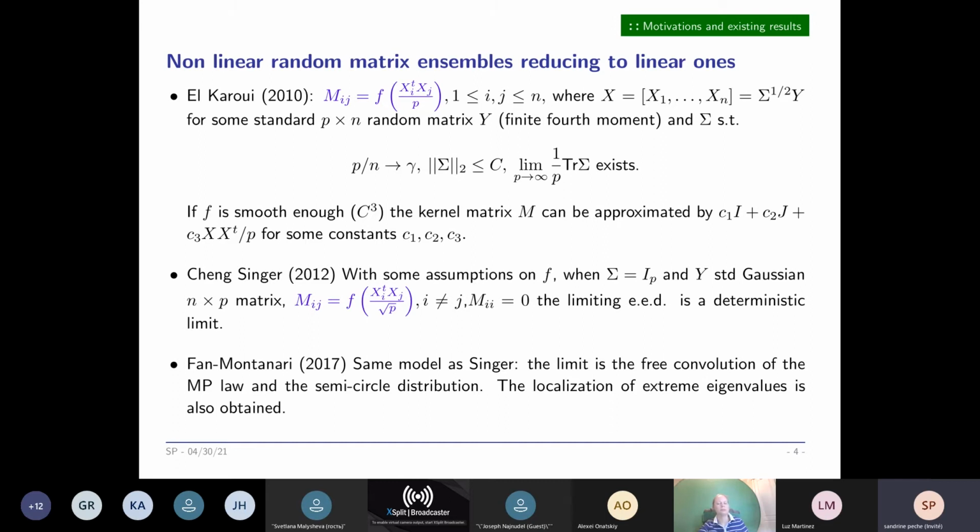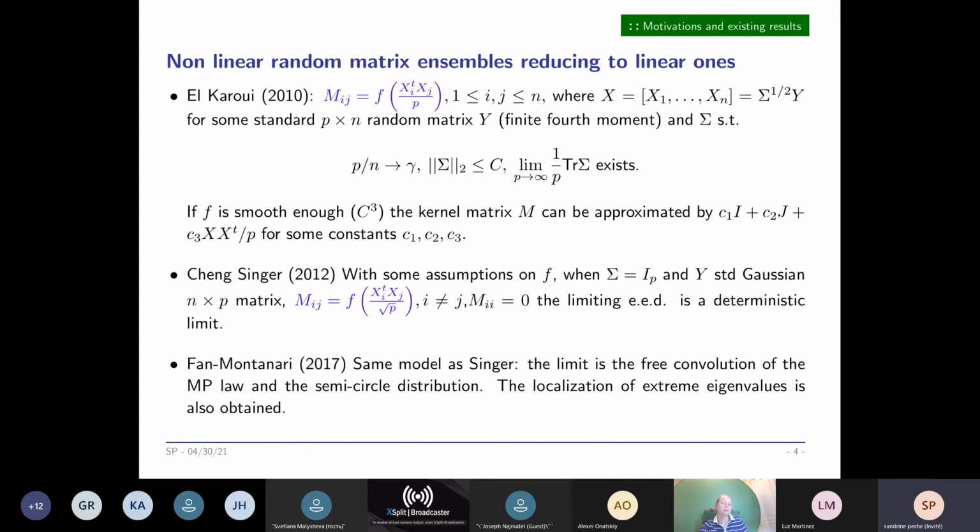So again, this is a statement that from the random matrix point of view, we could say nonlinear ensembles are not so interesting because in the limit, we always get the same empirical eigenvalue distribution as that of a linear ensemble.